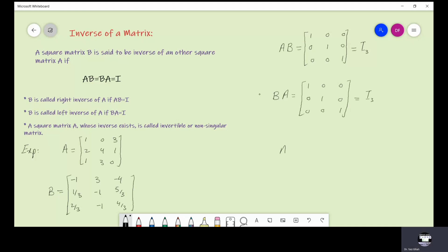So we can see that AB is equal to BA is equal to identity matrix. This implies that B is an inverse matrix of A.